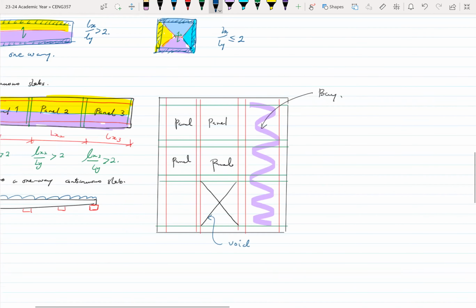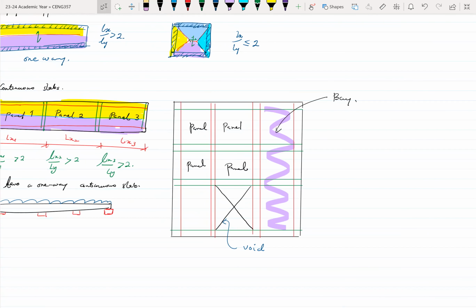And usually, if you look at, so you have your LX1, LX2, LX3, LY1, LY2, LY3. So you find the ratios of all of these. And normally the ratios will be less than or equal to 2. If they are less than or equal to 2, what this simply means is that you are looking at a two-way system.